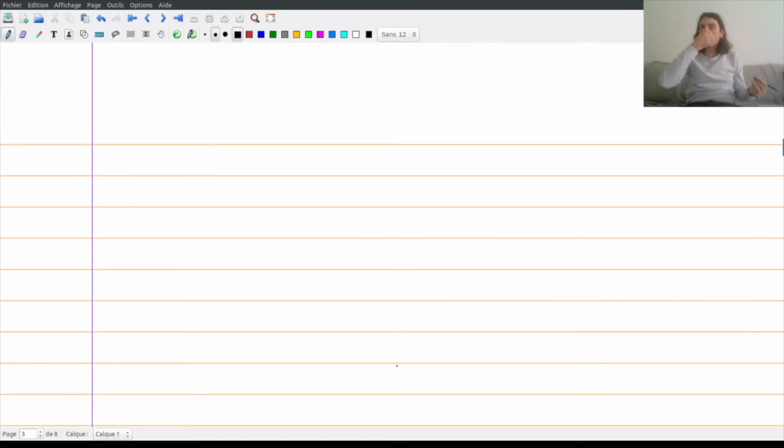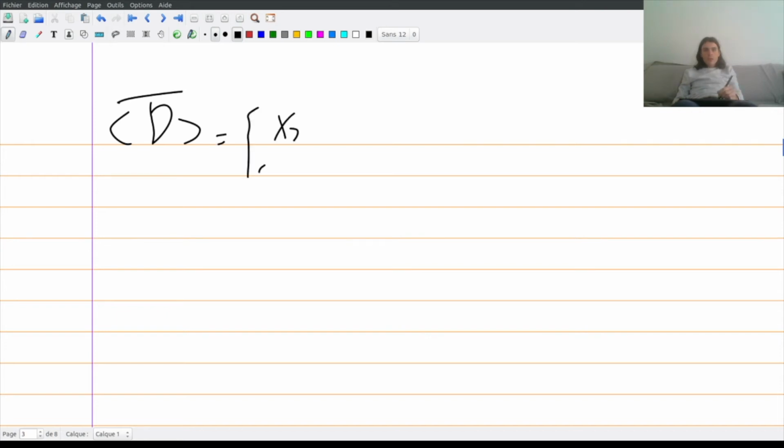And you can check. So the group generated by D is a group of diagonal matrices, so its Zariski closure is the same.